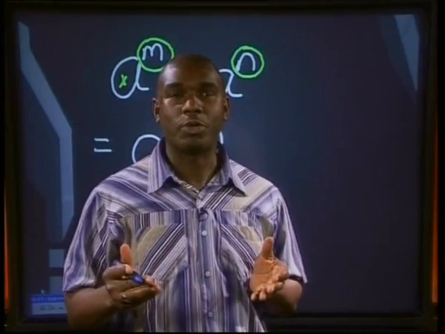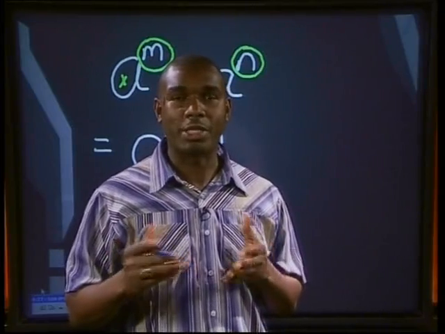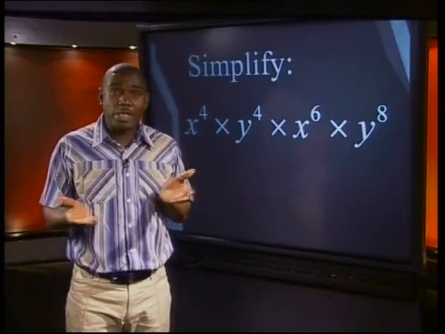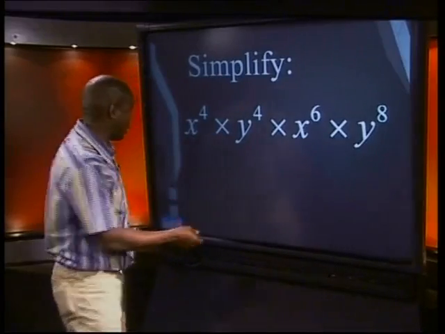Here's another example using algebraic numbers with letter symbols. Simplify x to the power 4 times y to the power 4 times x to the power 6 times y to the power 8. I'm sure you can do this very quickly. All we need to do is add the exponents with the same base. Let's see.